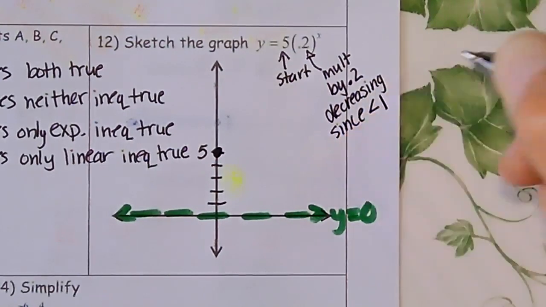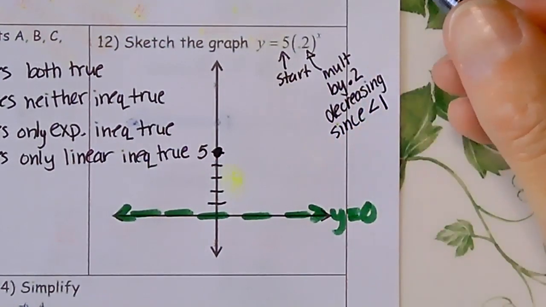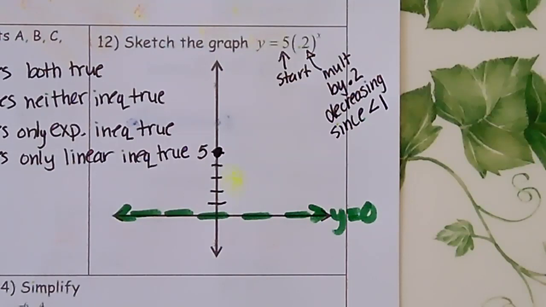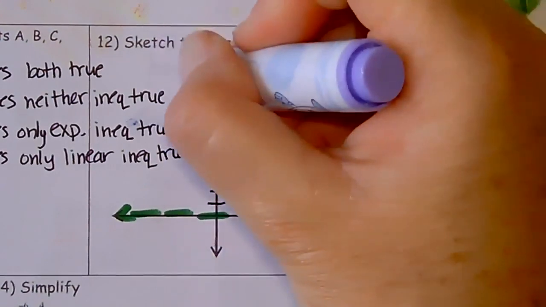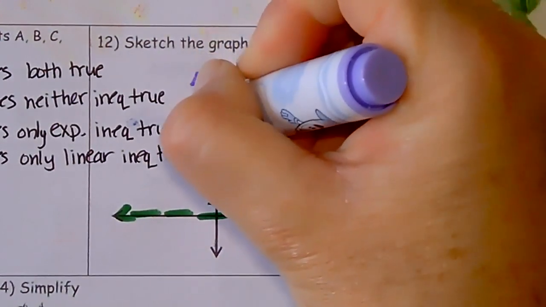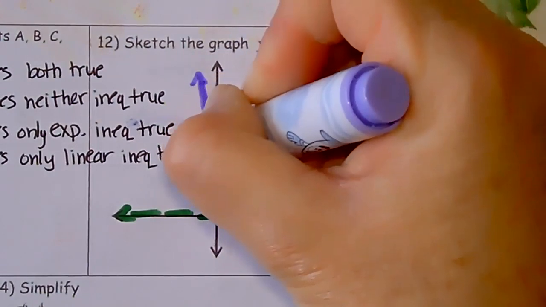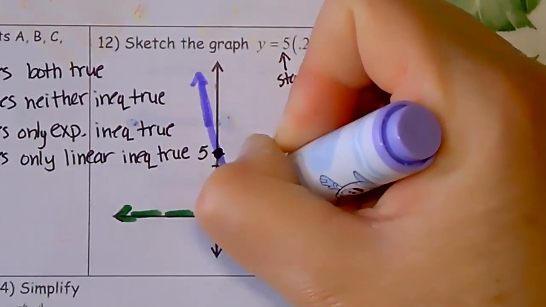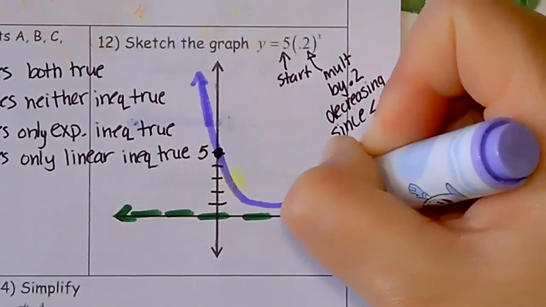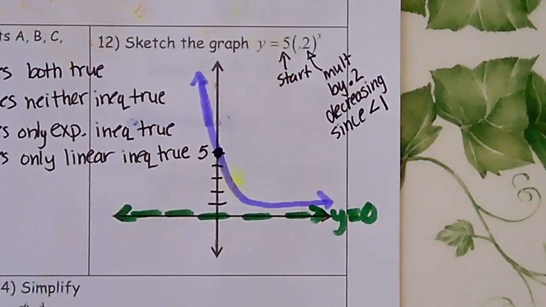Okay, this is smaller than 1. So it's going to be a decreasing graph. I don't need it to be exact with points. So all you need to do is start with it at high, okay, and it's going to be decreasing, going through that 5, coming closer and closer and closer, but never crossing that asymptote. And that's an acceptable sketch.